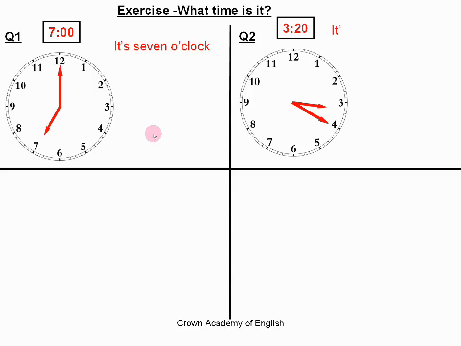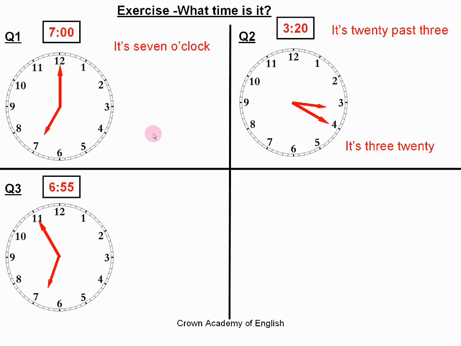So the answers are it's 20 past 3 or it's 3:20. Question 3, and I'll give you a few seconds. And the answer is it's 5 to 7 or it's 6:55.